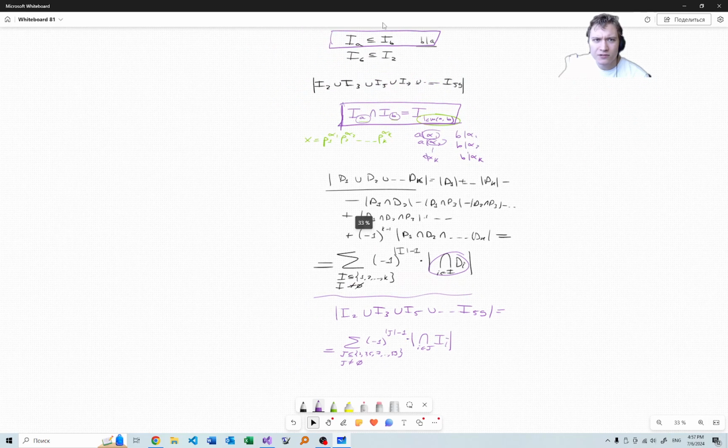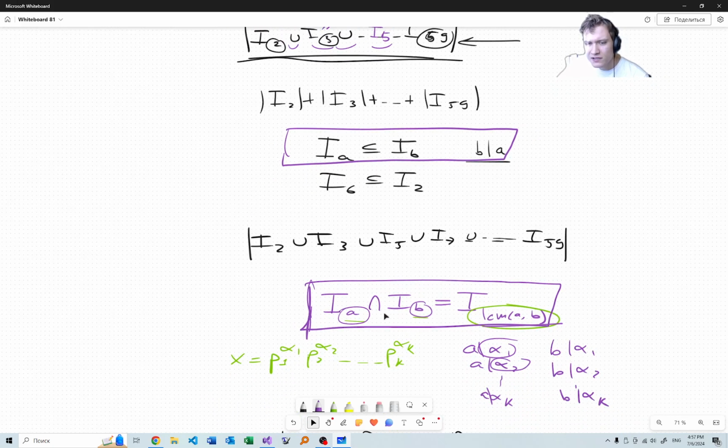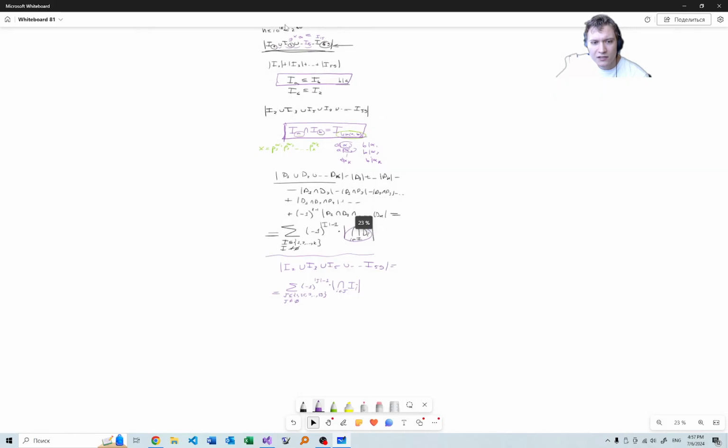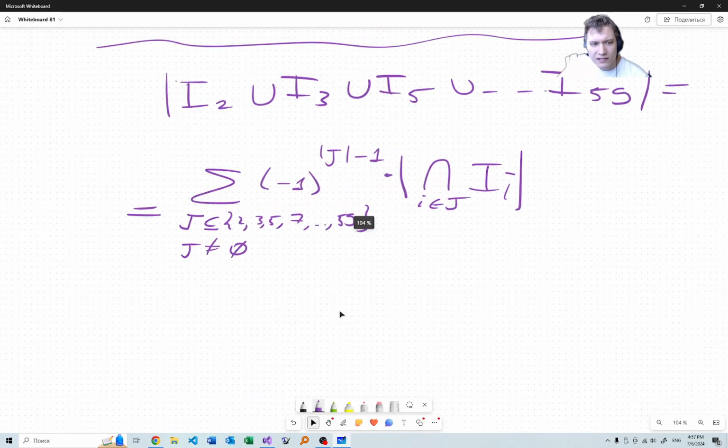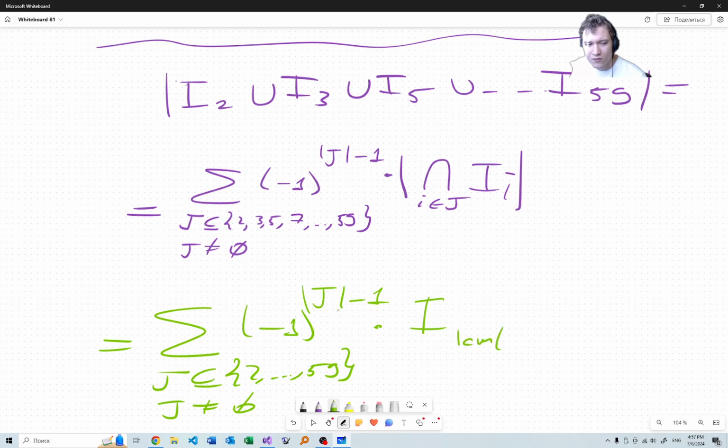Let's remember what I said about this fact. Actually, the intersection of two I's is the I with the number LCM of a and b. Therefore, here we can rewrite it like this: minus 1 to the power j minus 1 times the size of I with LCM of all j's.